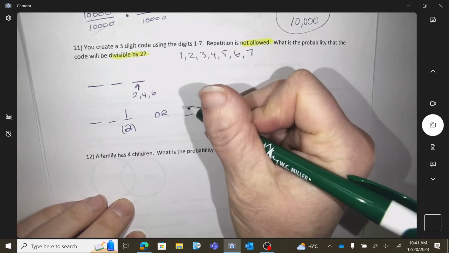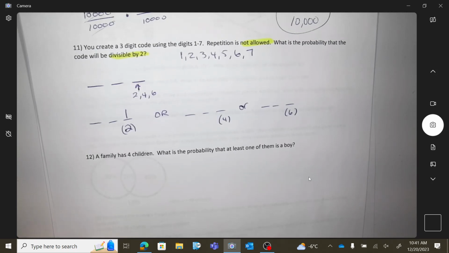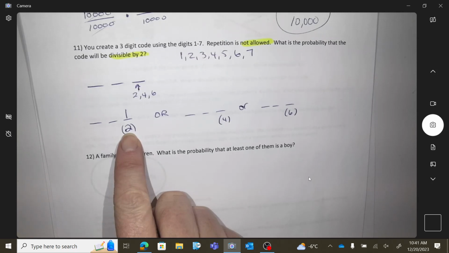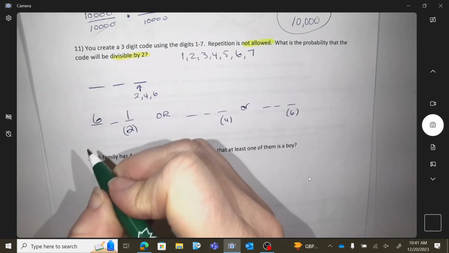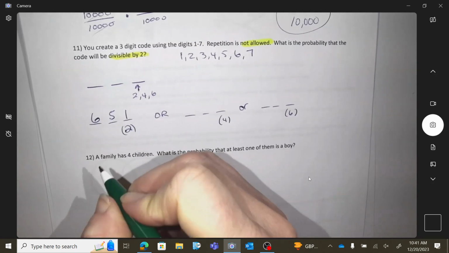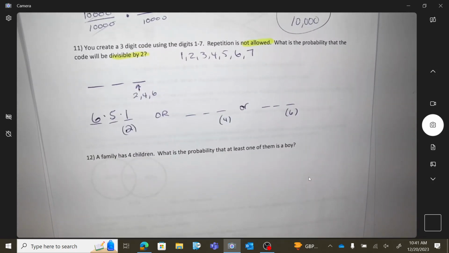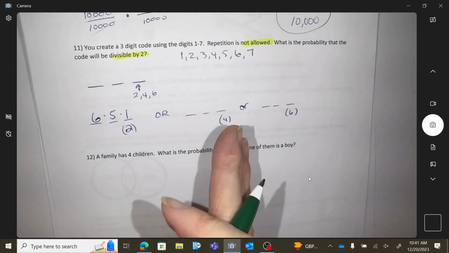So there's one option. If I put a 2, there's only one option to do that. Okay, if I've used the 2, how many options do I have left here? 6, and then 5. This would be the exact same thing.